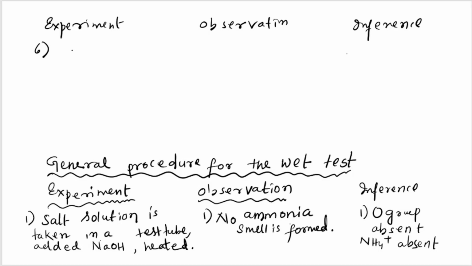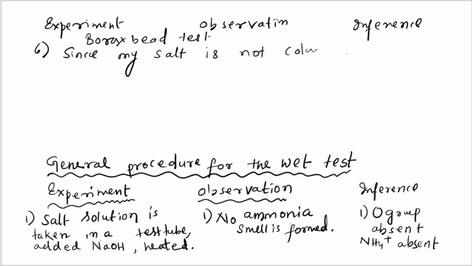Here first you write the heading borax bead test, and then you have to write, since my salt is not colored, you remember it is a white salt, so the borax bead test is not necessary.